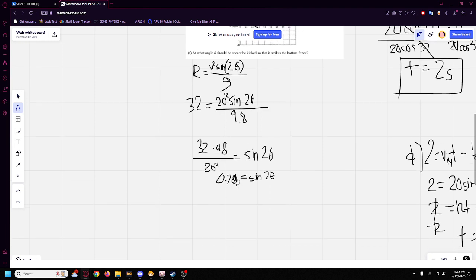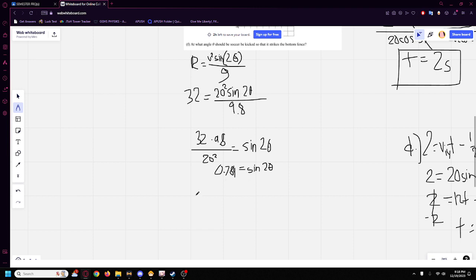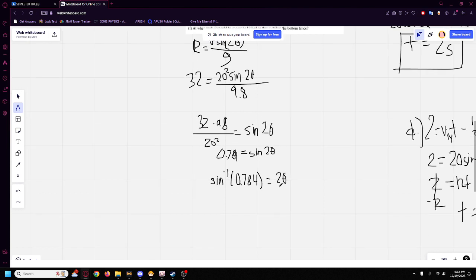0.784. You take the inverse sine, so sine inverse of 0.784 is equal to 2 theta. So you divide by 2.